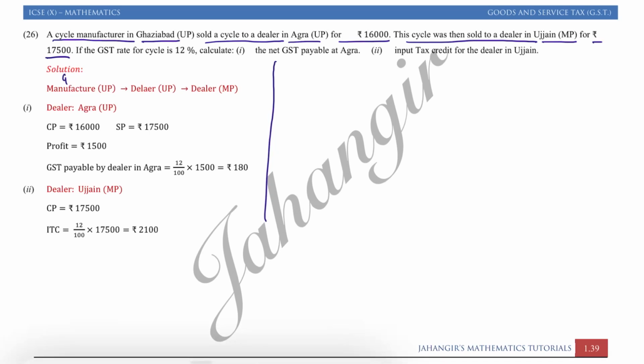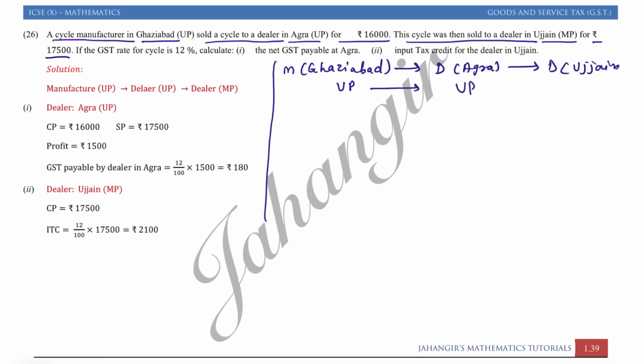Let us write it down. Manufacturer who is in Ghaziabad is selling it to dealer who is in Agra. Agra dealer sells again to dealer who is in Ujjain.